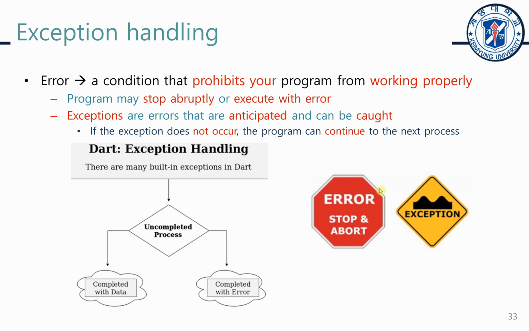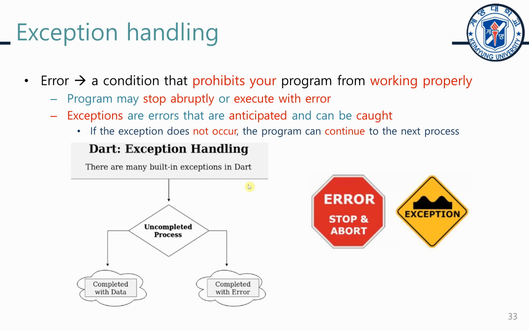Error is very dangerous, and when an error occurs in your program, your program halts, stops working and aborts, and maybe prompts you some message or not. But with an exception, there might be some ups and downs, but the program might continue to work.